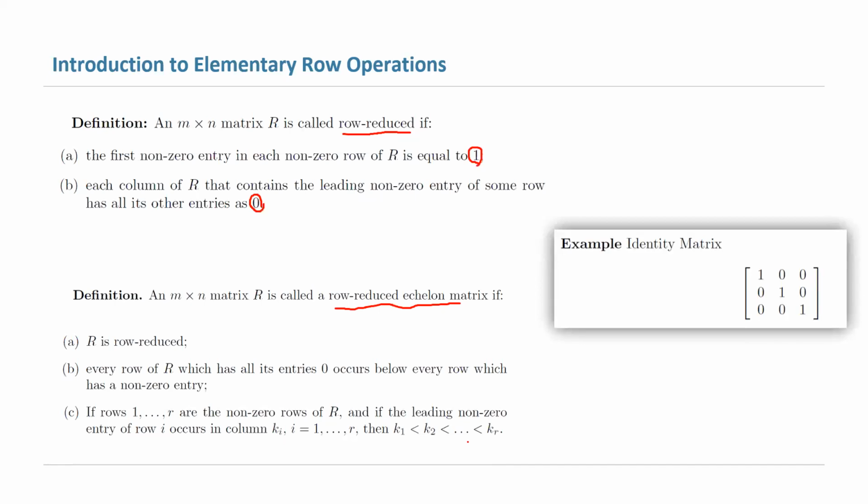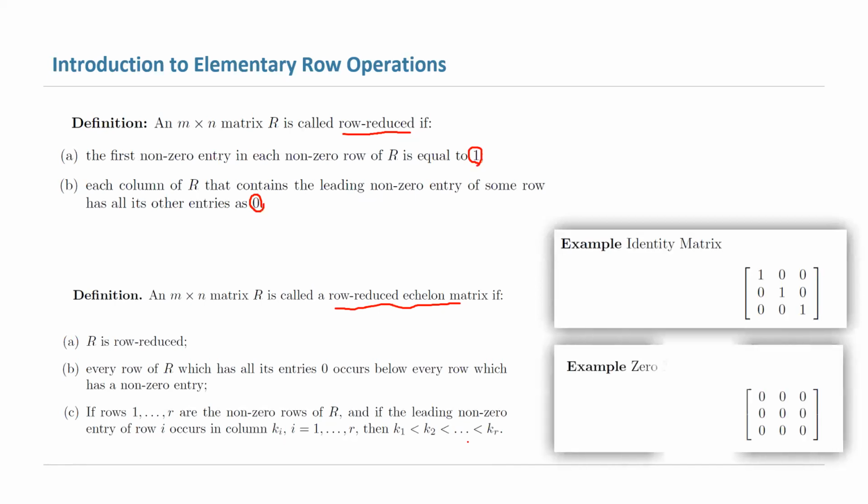Two obvious examples for you are the identity matrix and also the zero matrix. For the identity matrix, the very first entry is 1, and all entries below 1 are equal to 0. On the second row, the non-zero entry is 1, and all entries above and below 1 are 0.